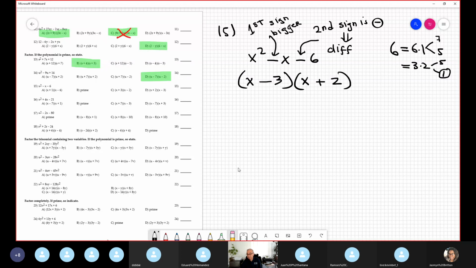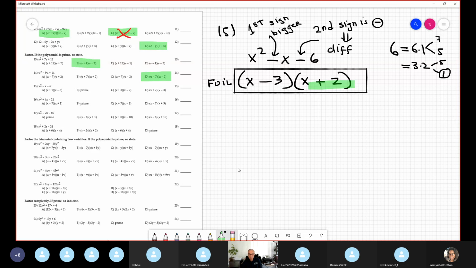Okay, adjust the sign. But I want to make sure I can do it well or not. Therefore, FOIL. The FOIL is the checking part. This is my final answer, or my potential final answer. I need verification, correct or incorrect. Therefore, you FOIL this answer.